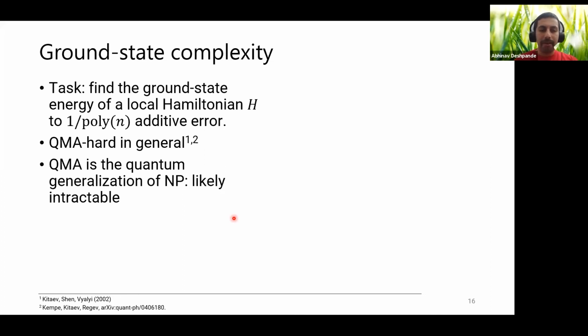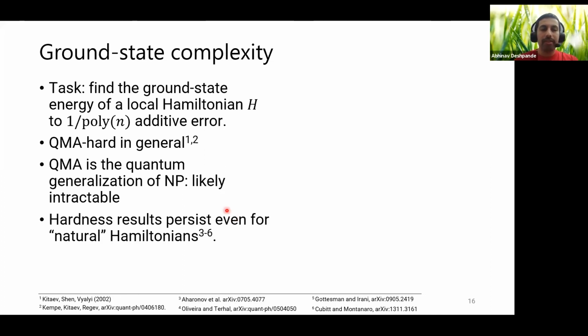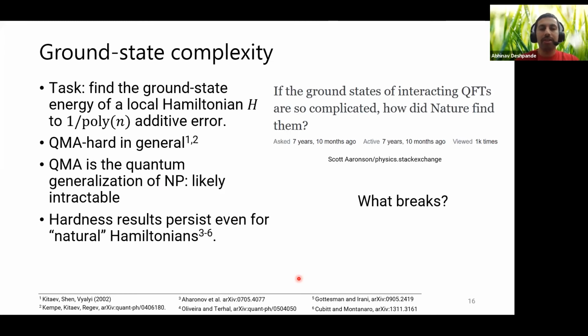One interesting feature is that these hardness results persist even if you make the Hamiltonians somewhat natural, say by imposing constraints such as spatial locality and translation invariance and so on. And so this immediately brings to mind a conundrum: isn't there a contradiction? Is nature solving QMA hard problems or something?